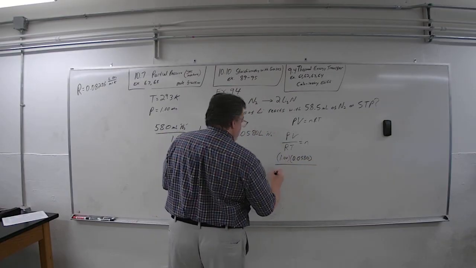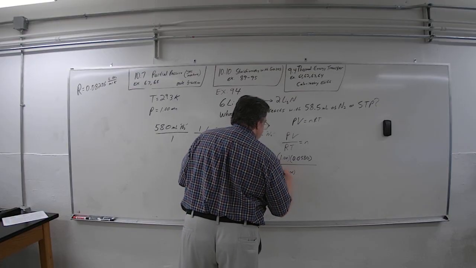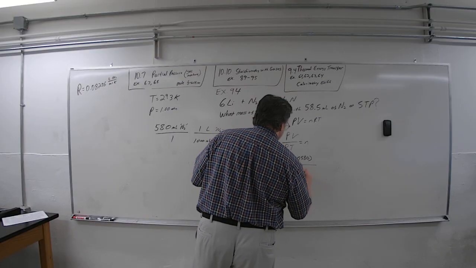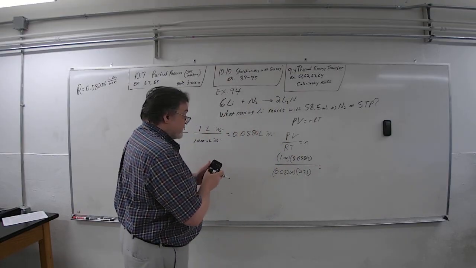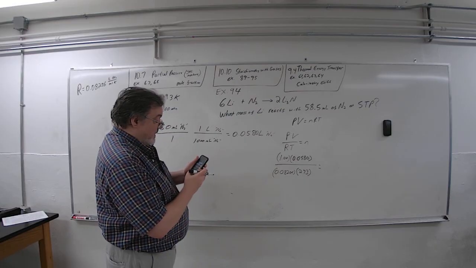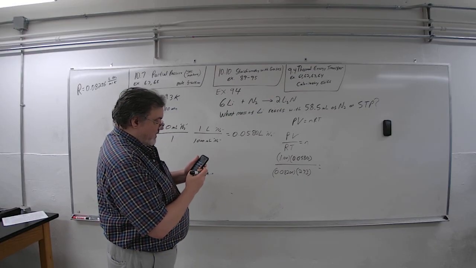Pressure, volume, R is 0.08206. Temperature is 293. So the number of moles is 0.0580 divided by 0.08206 divided by 293.